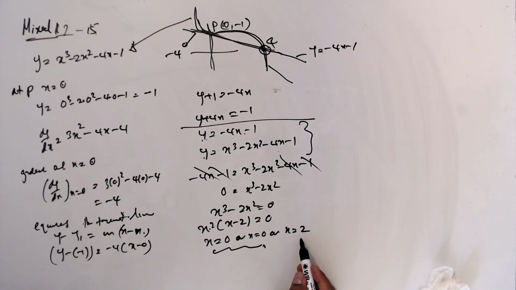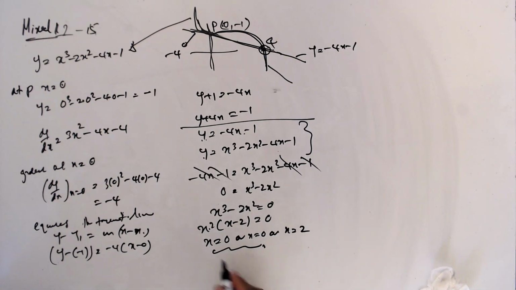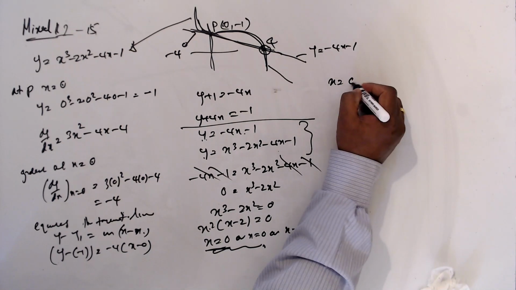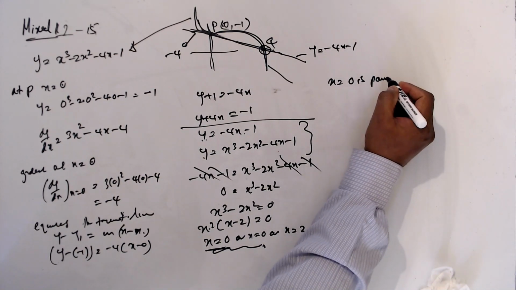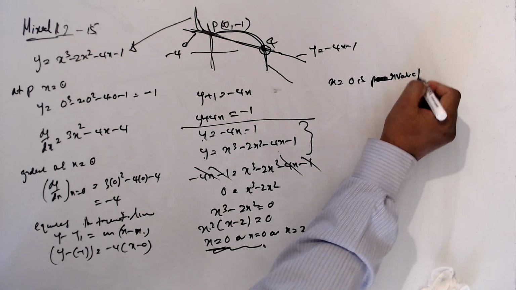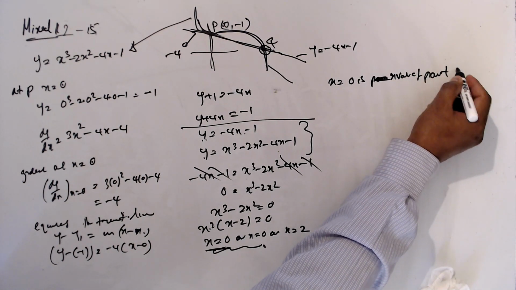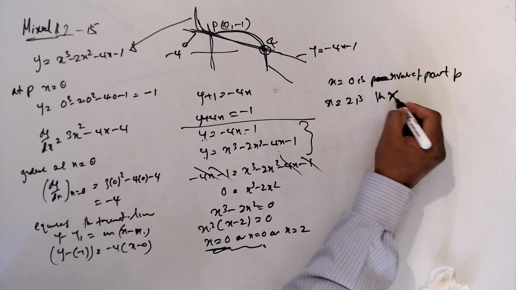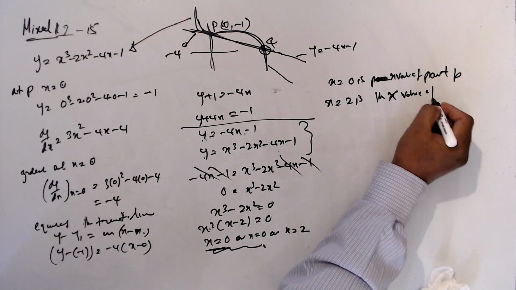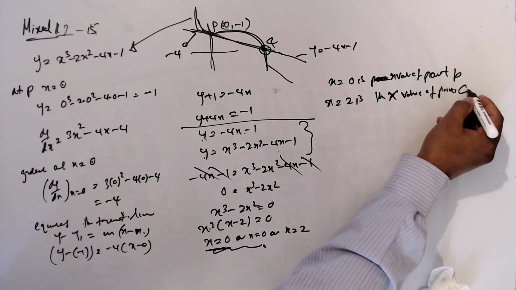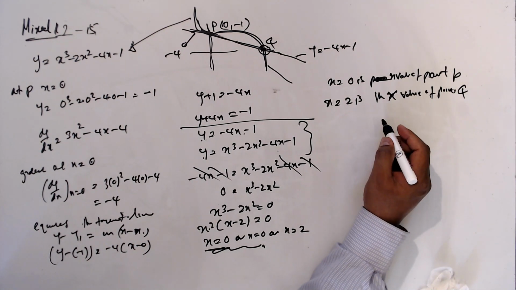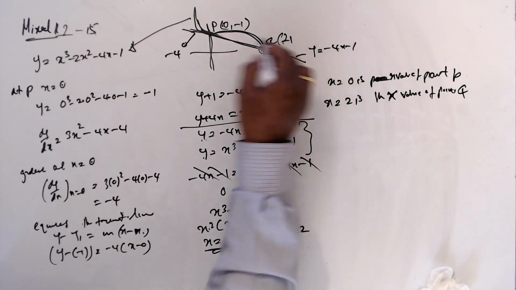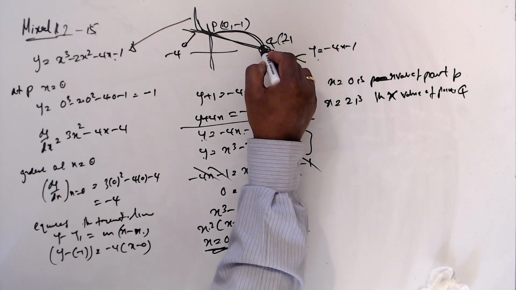Then x equals 0, we can see that this point x equals 0 is point P. The x value of point P, and x equals 2 is the x value of point Q. So now we know this is 2. We can substitute into this one or this one to find the y value.